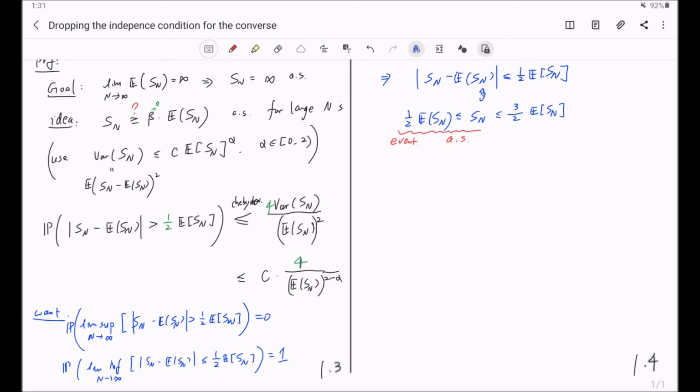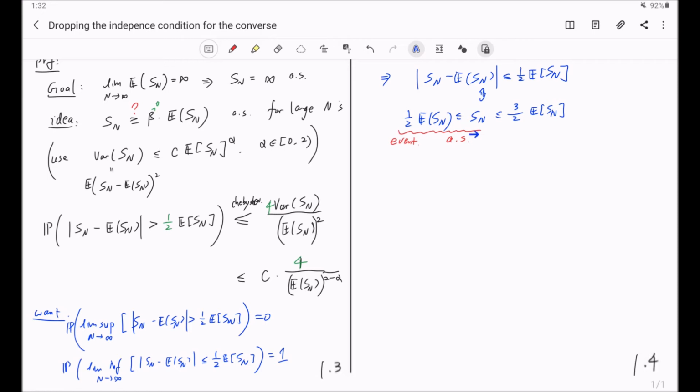If for a subsequence, say n sub k, the sum of this is finite, then you know the lim sup with respect to the subsequence n sub k will have probability 0. And you know that for that subsequence n sub k, you have this. And that actually is enough for our final goal.